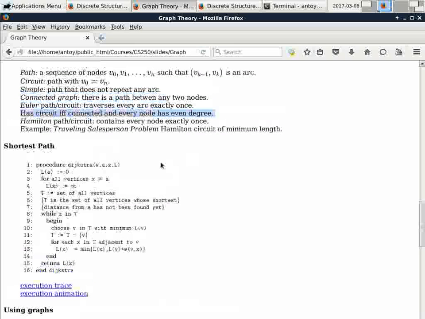All right, Hamilton path and cycle is a similar concept where you traverse each node exactly once. So if we go back to the first, do we have it?